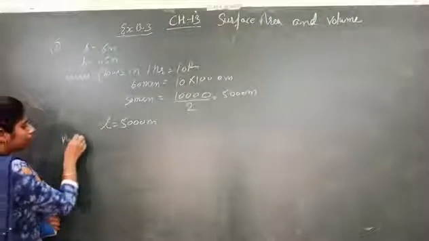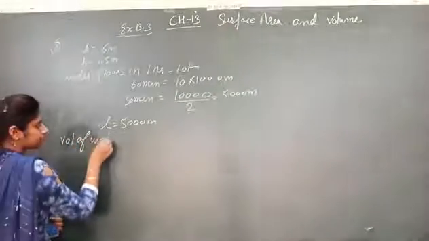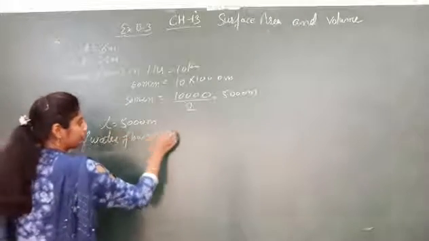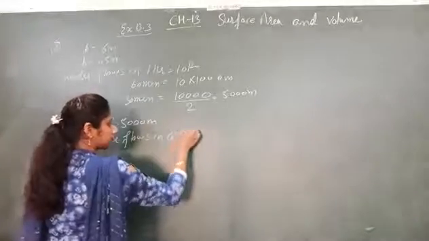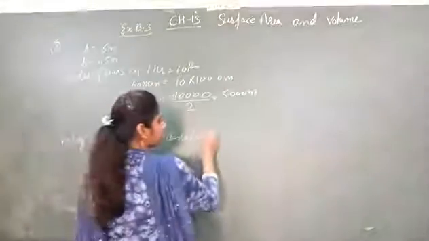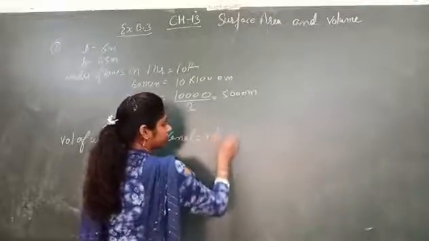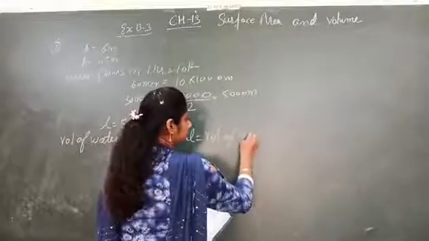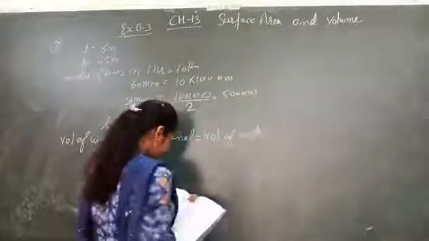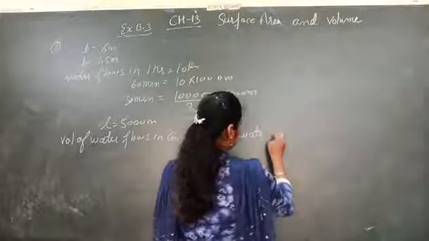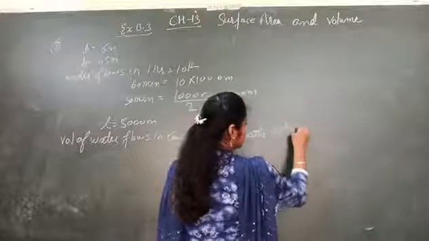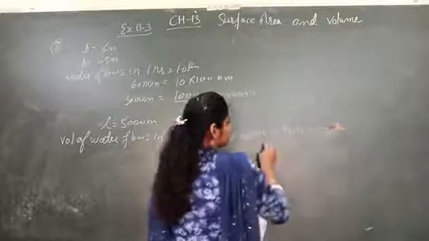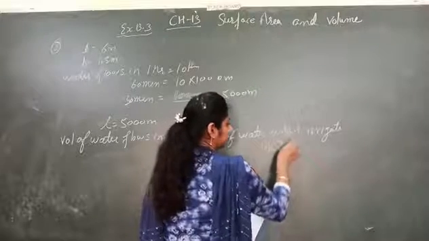Now, volume of water that flows in the canal is equal to volume of water which irrigates the given area.